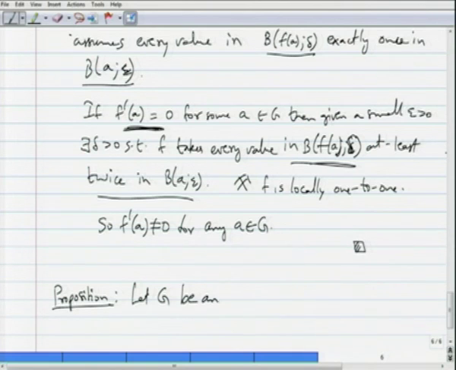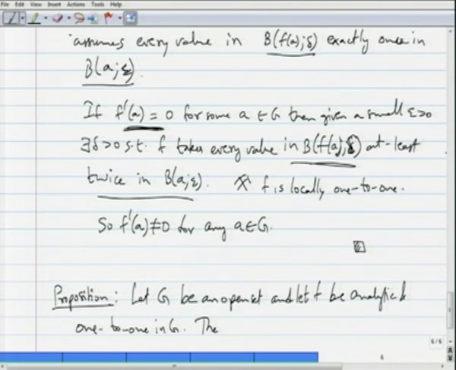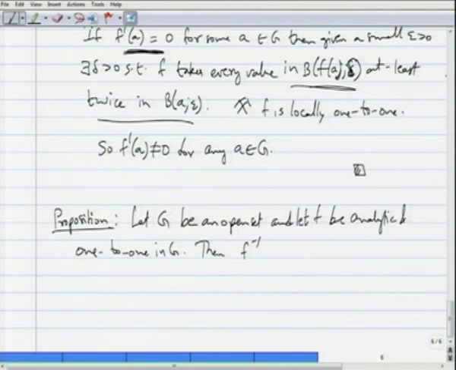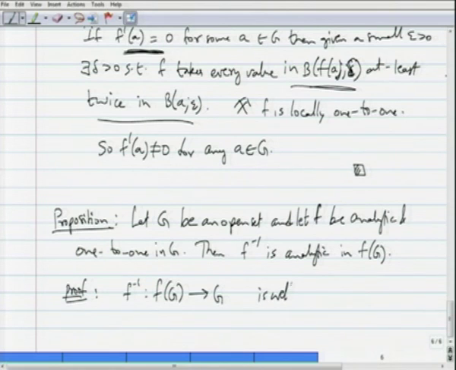Let G be an open set, and let f be analytic and 1 to 1 in G, then f inverse is analytic in f of G. So, firstly note that since f is 1 to 1 on G, f inverse from f of G to G is well defined.